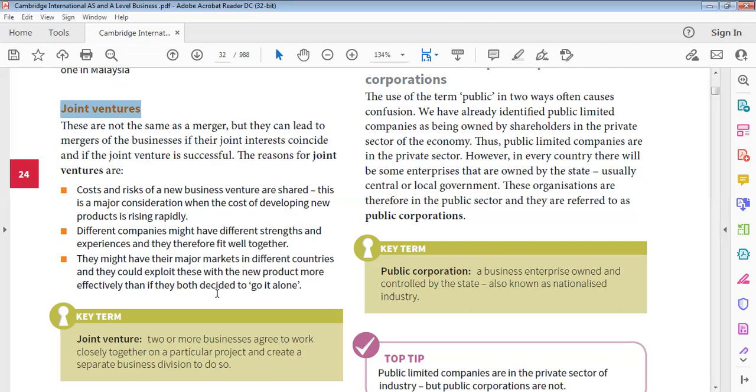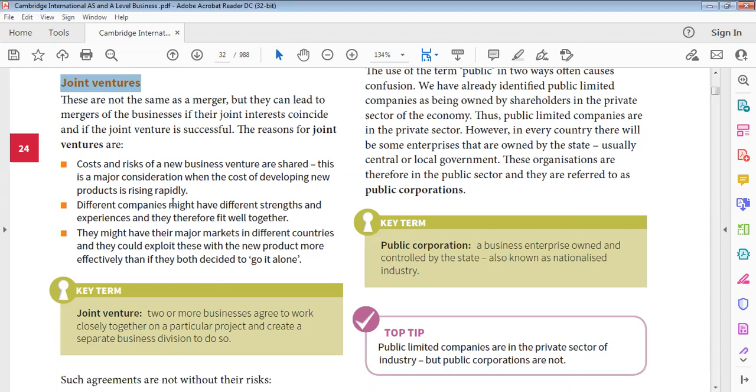Another reason for a joint venture could be that they can share their strengths and experience. Let's say Xbox is better at producing racing games, and PS4 is better at making RPG games, for example. They can work together to produce a game with both racing and RPG, maybe like GTA.